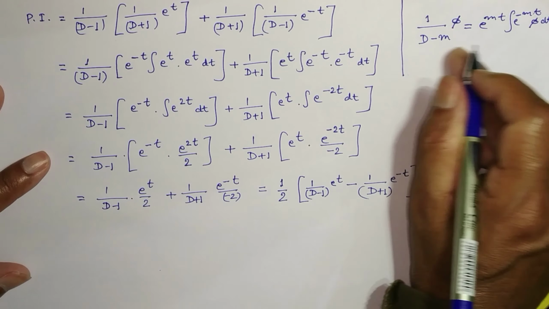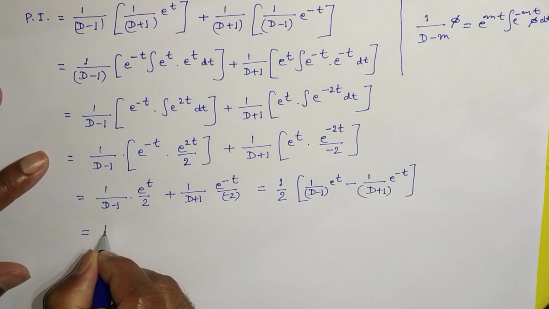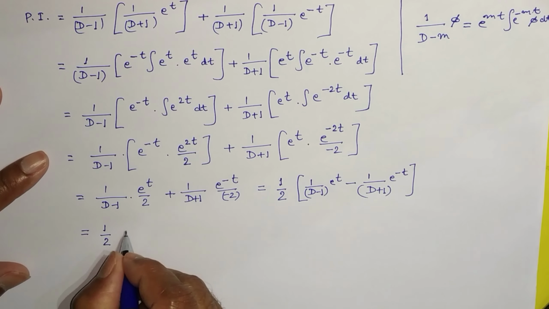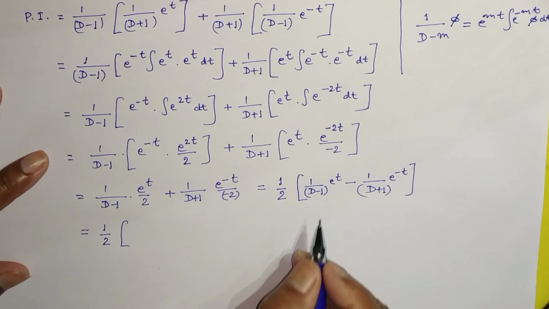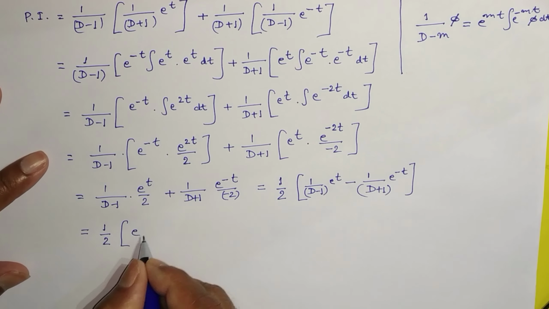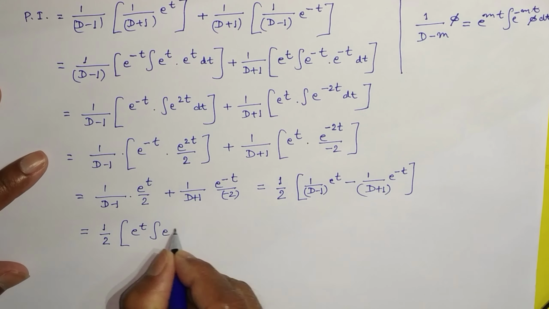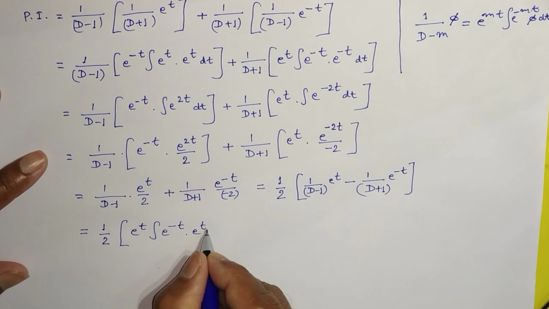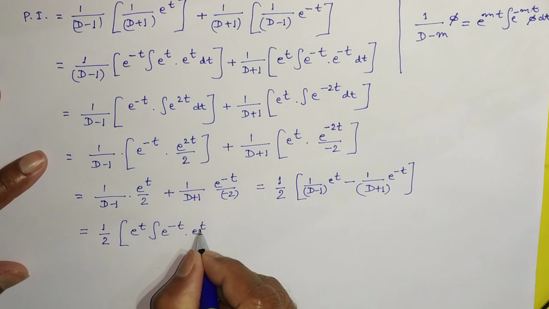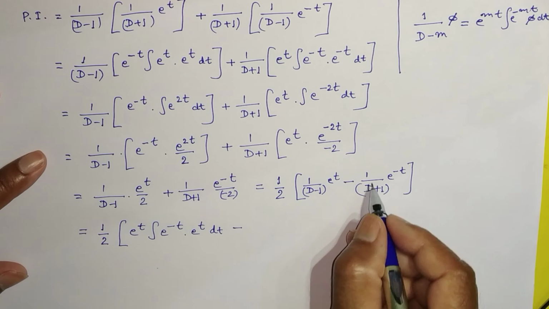Again we should apply this, and we have half, here m equals 1, so we have e raised to t integral e raised to minus t, and the function is e raised to t dt, minus.